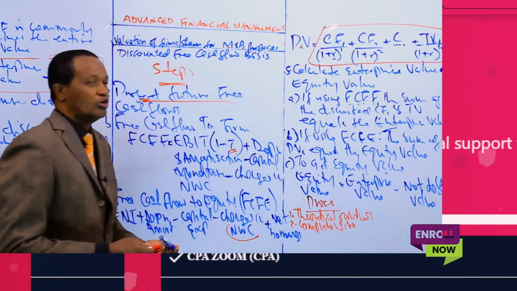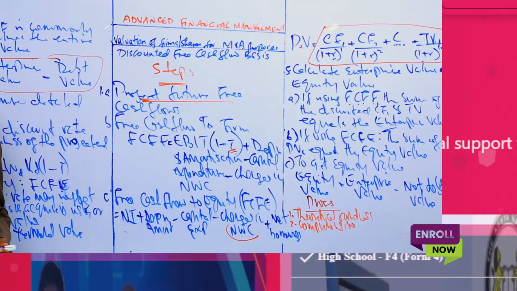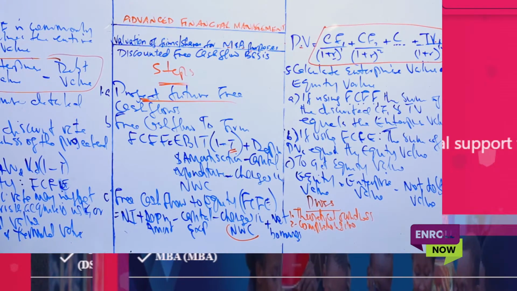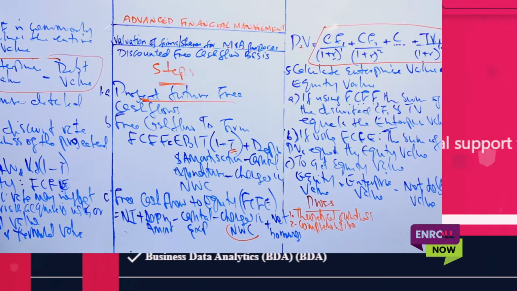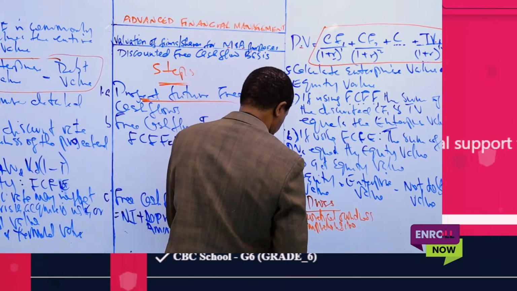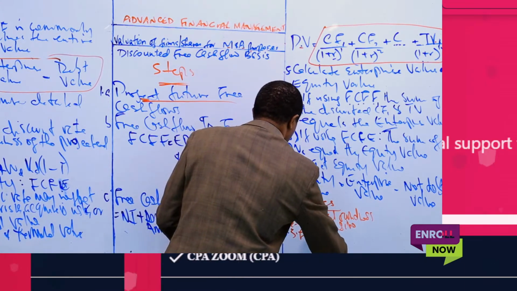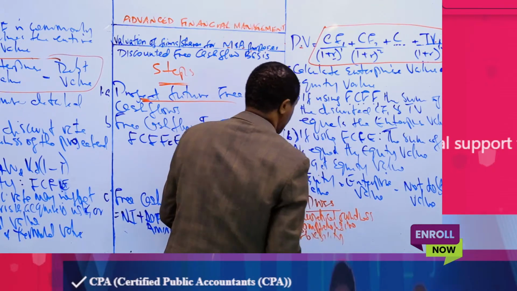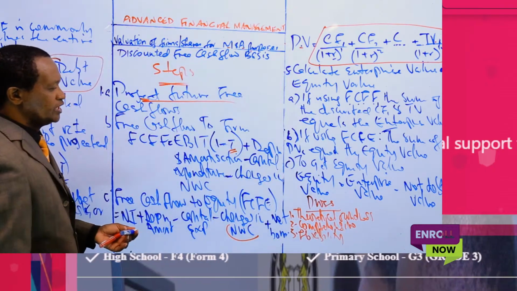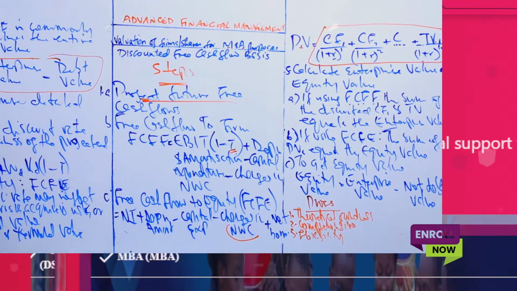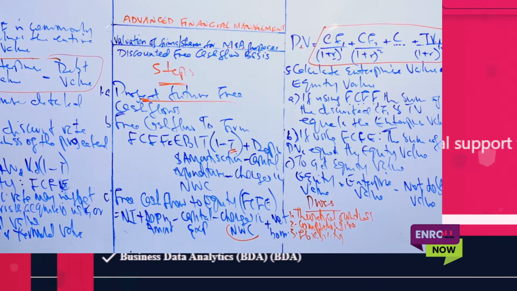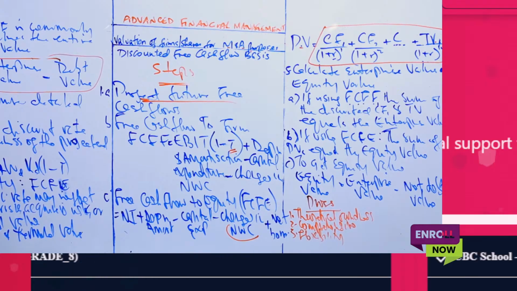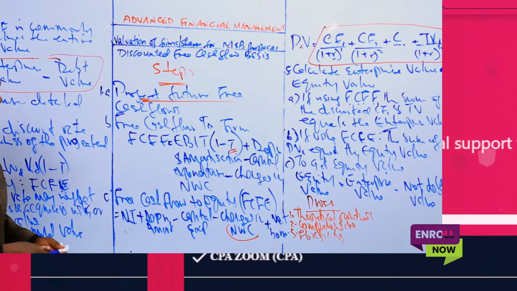The second advantage is that this method is comprehensive, because it allows for detailed modeling of the target company's financial performance and impact of the acquisition. Another advantage is flexibility. It can incorporate various assumptions about growth, margins, capital expenditures, and also synergies.